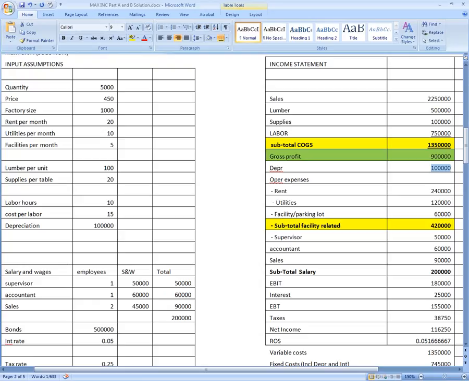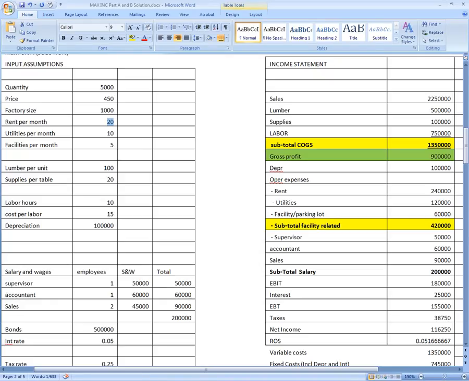Now, in order to get the operating expenses, we have the rent, utilities, and facility. The way we do it is we look at the cell where we have square feet, 1,000 square feet, times rent per month, which is 20, and because it is per month, times 12.